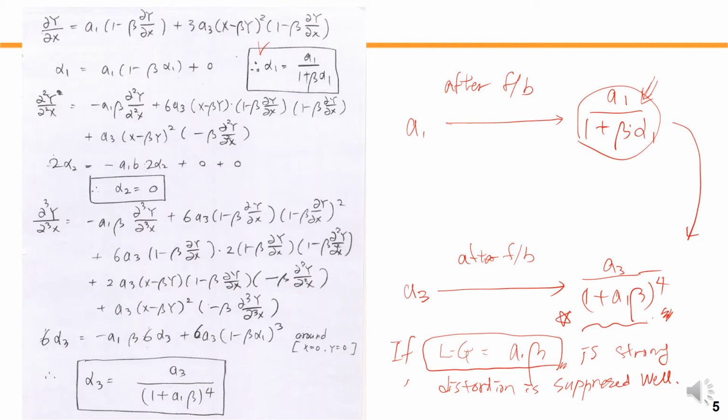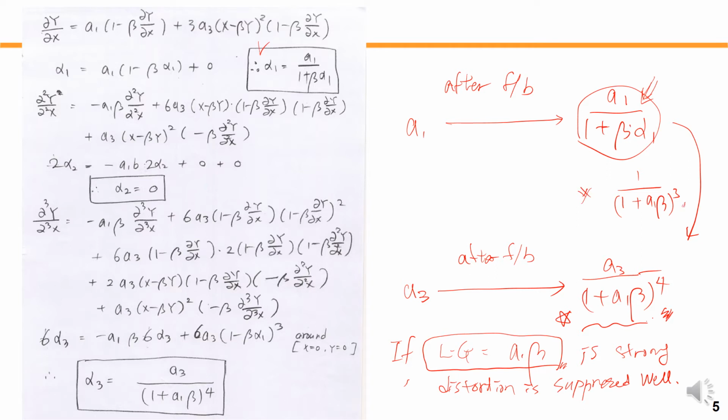You can see the ratio, how much lower it got: it got lower by 1 plus alpha 1 and beta cubed, right?